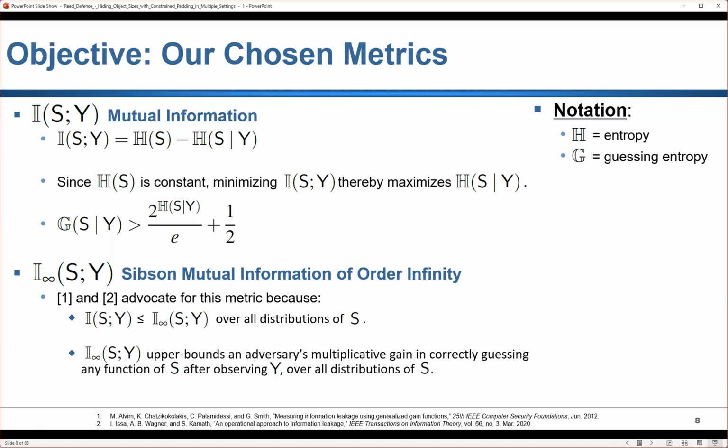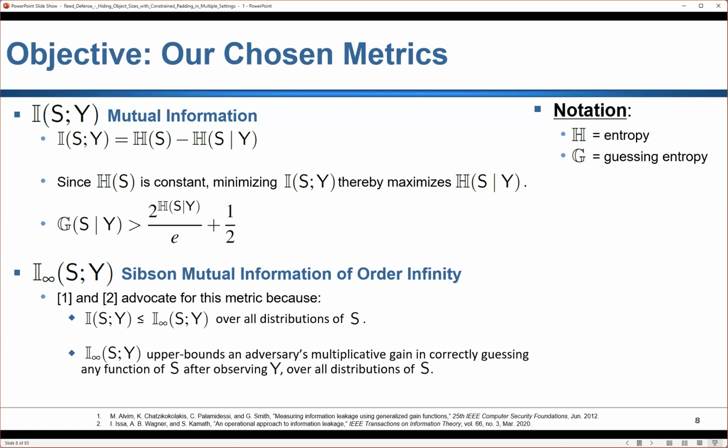We also consider I infinity, which is advocated by multiple researchers in the literature because it provides a variety of guarantees. For instance, I infinity serves as an upper bound for mutual information across all distributions of object identities. And another property that I infinity has is the adversary learns something about object identities as it observes padded sizes.